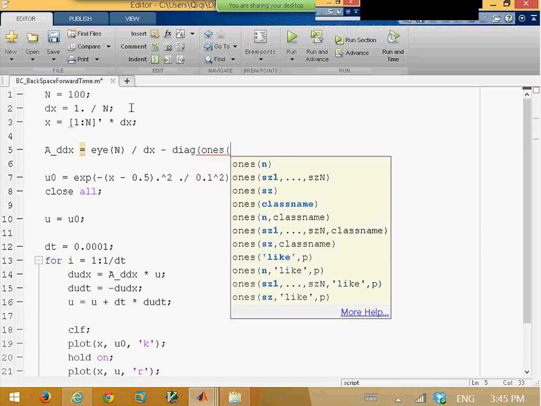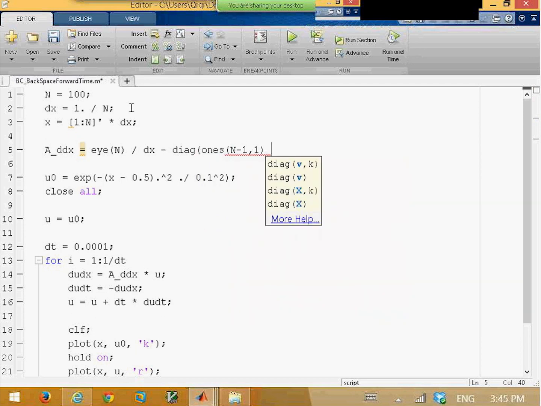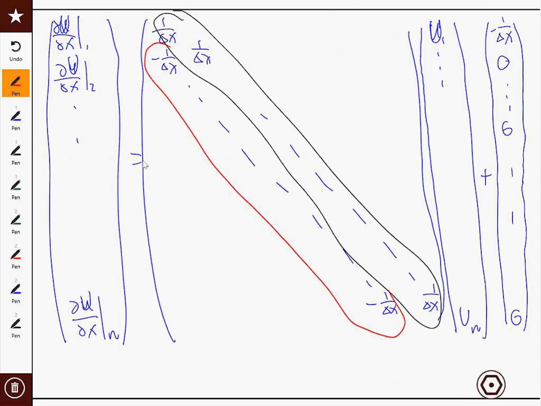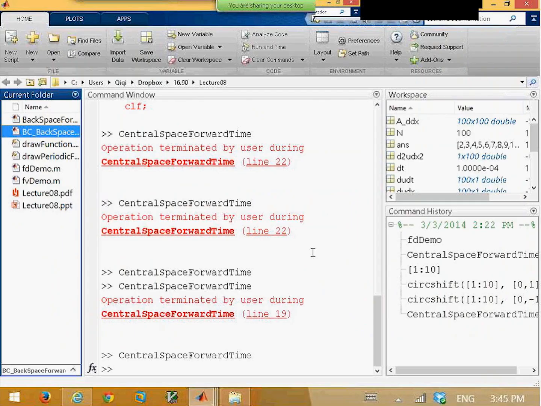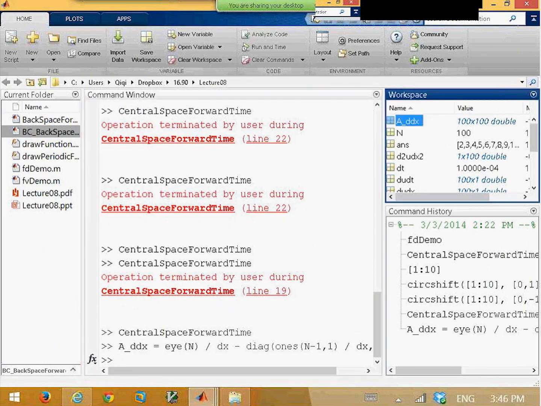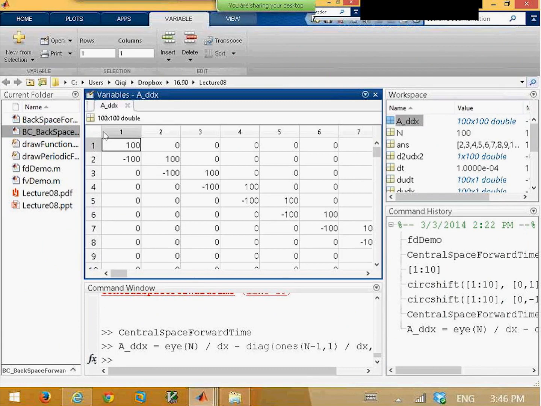So the elements would be 1's with n minus 1 elements divided by delta x. These are the values, and minus 1 towards the shift. Okay, so this is what the matrix is going to be like. I'm going to paste it here and take a look at the matrix.